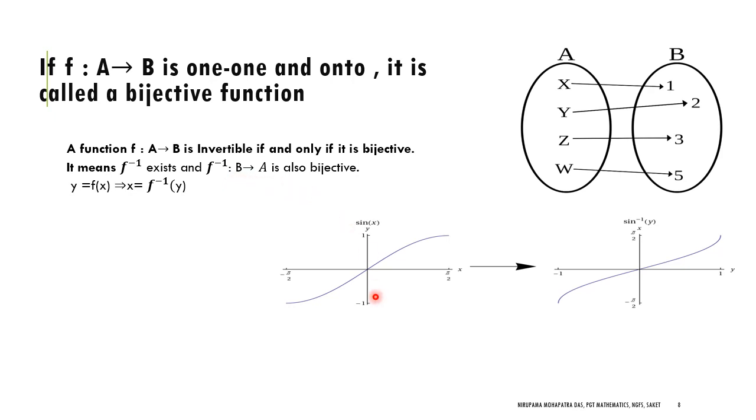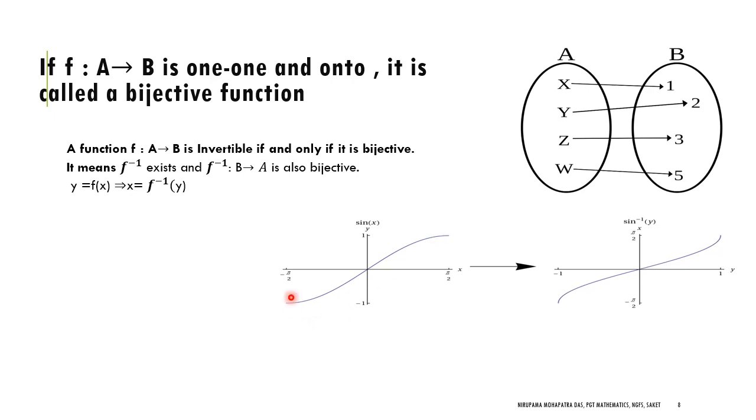And these are some of the graphs, you can observe these two graphs. One is the function sine x, from minus pi by 2 to pi by 2. Here we have restricted the domain of the function, and the range of course is minus 1 to 1.